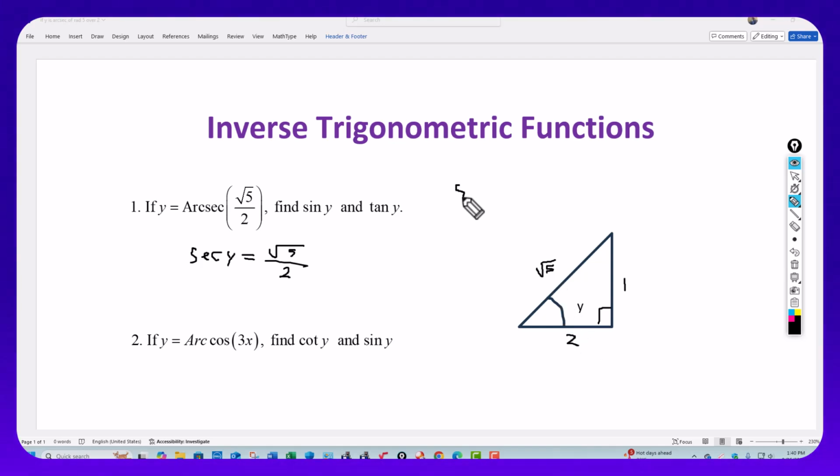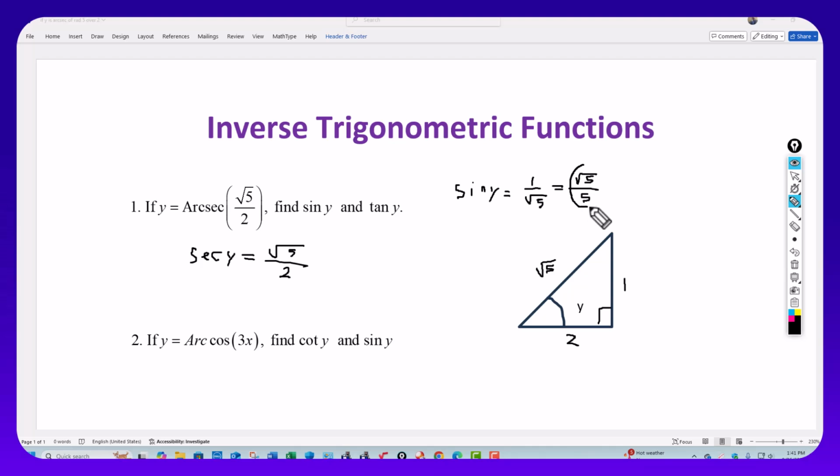Now we want to find the sine of y. This is the angle y. The sine is the opposite over the hypotenuse, so this would be 1 over the square root of 5. And we rationalize this, multiplying by the square root of 5 in the numerator and denominator. I get the square root of 5 up here over 5.